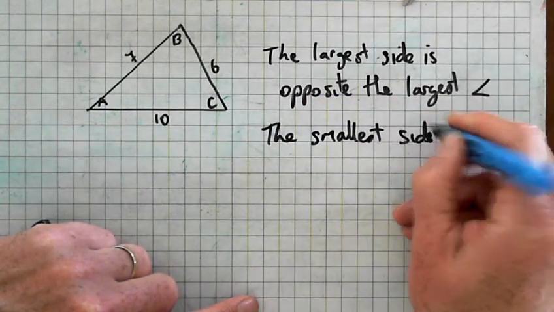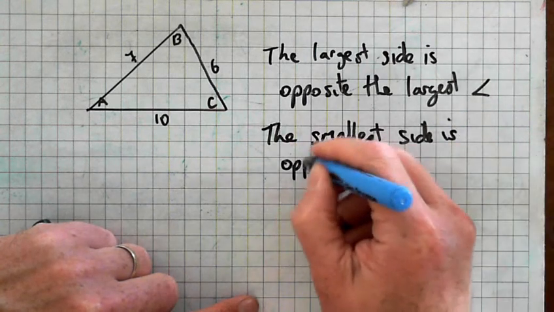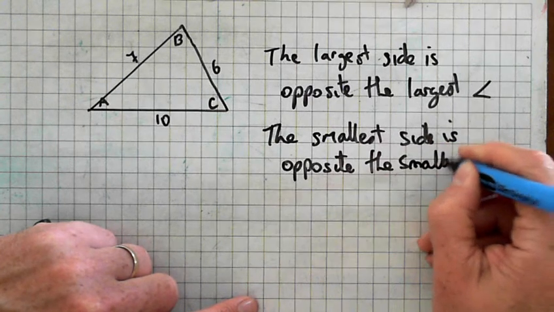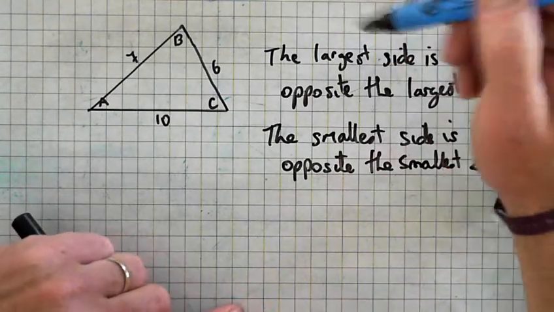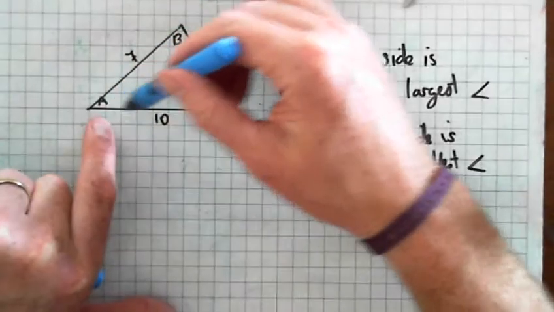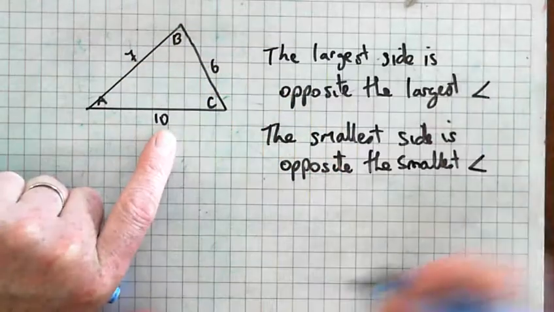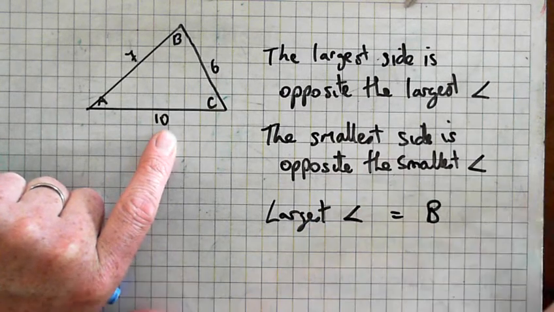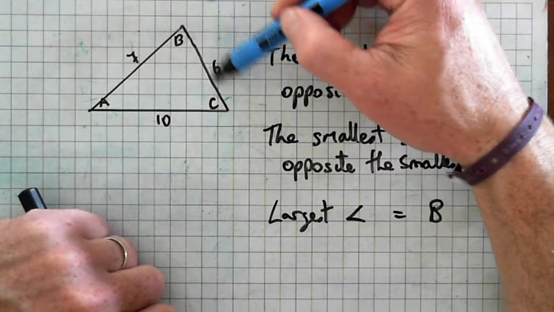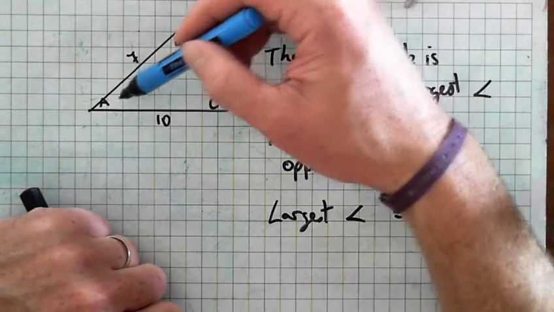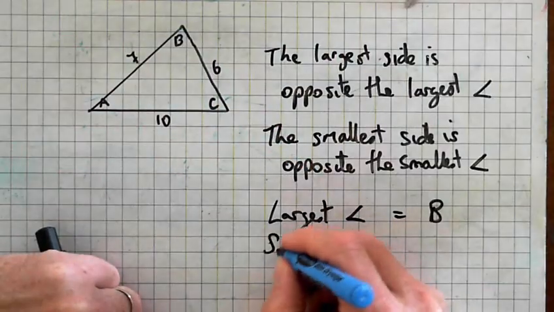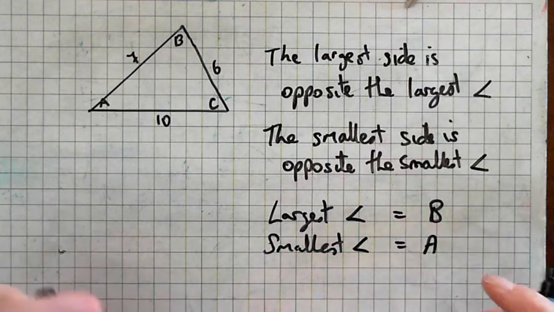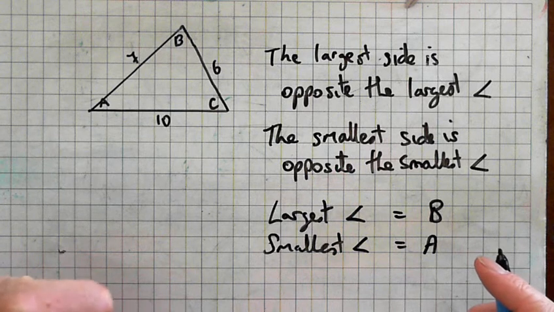The smallest side is opposite the smallest angle. So which is the largest side? The largest side is 10, so that means B is the largest angle. What's the smallest side? 6. What's the smallest angle, so? A. Smallest angle is A. Do you understand that?